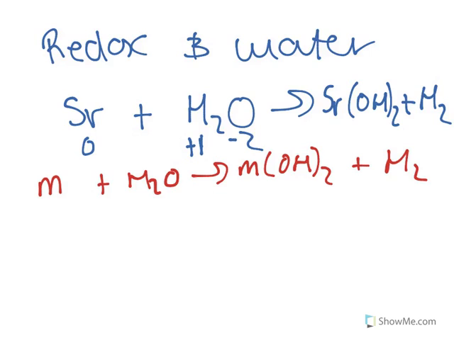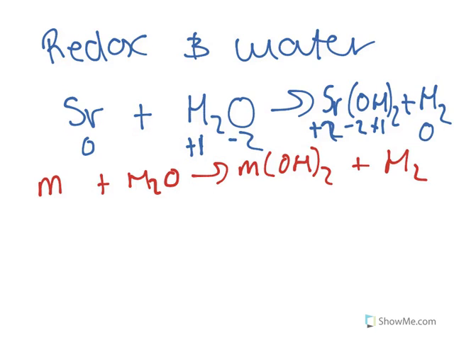And then here, the oxygen is minus 2, and hydrogen is plus 1, obviously. So you have to times it by 2. Minus 2 times 2 is minus 4, and then plus 1 times 2 equals 2. So that leaves us at minus 2. So strontium would be plus 2 in order to balance the charges out. And then, of course, an element in itself is always 0.